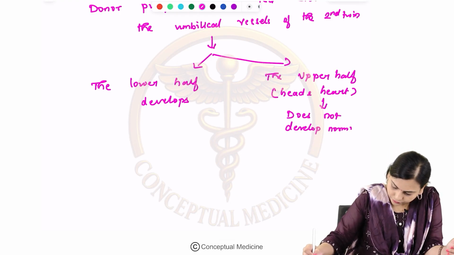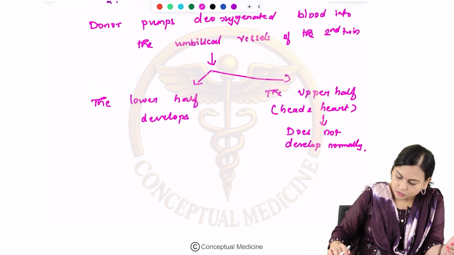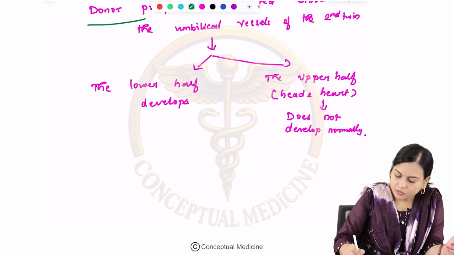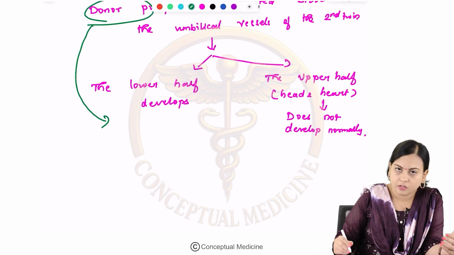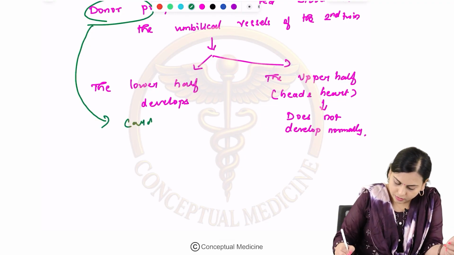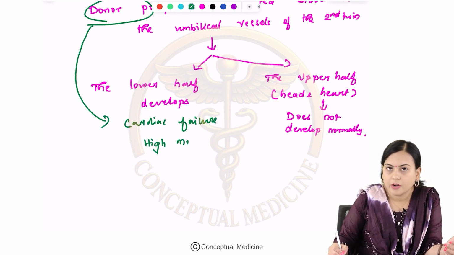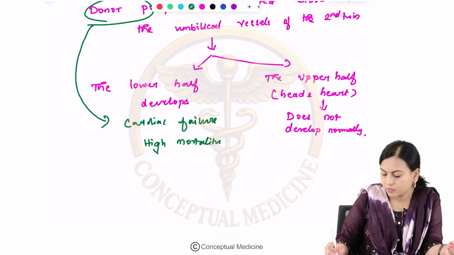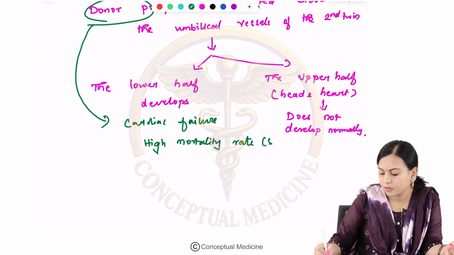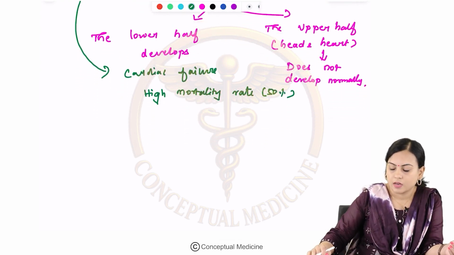So, due to this, what happens is this donor twin even develops cardiac failure. And this has a high mortality rate also, around 50%.